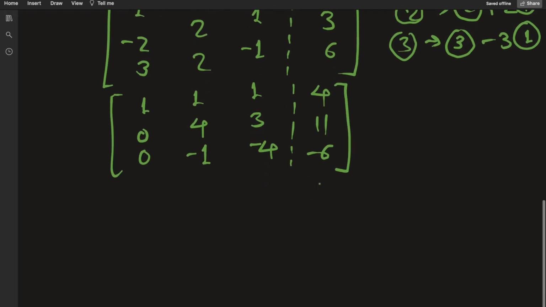Fair enough. Now moving on to the next column, we need a pivot here in place of 4, so we can do an exchange with the negative 1 below. We can't do an exchange with the top row, otherwise this will change the position of this pivot.